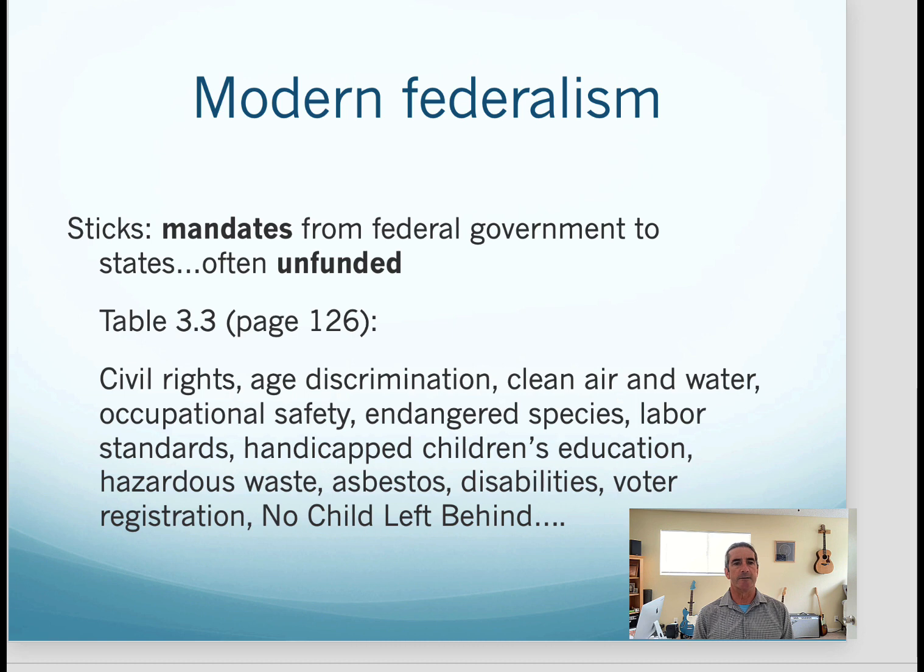And if you look at this list, programs to advance civil rights, to prevent age discrimination, to clean the air and the water, to improve occupational safety, to protect endangered species, to raise labor standards, to assist handicapped children's education, hazardous waste, dealing with asbestos, the Americans with Disabilities Act is a big one. Programs to expand voter registration, to work on No Child Left Behind. There's not much, if anything, on that list that people would oppose.